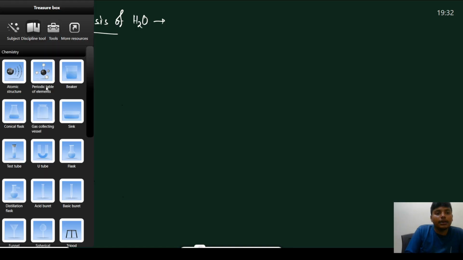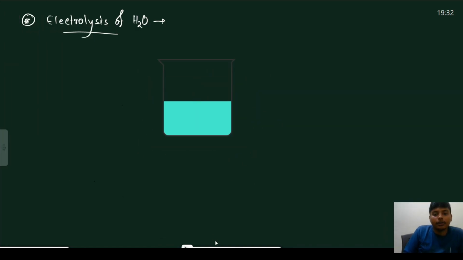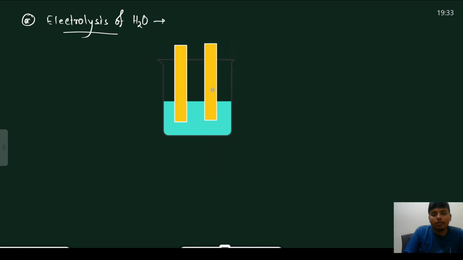For example, let's suppose electrolysis of water. Very important. If you do electrolysis of water, let's suppose you are taking one beaker and adding electrodes.